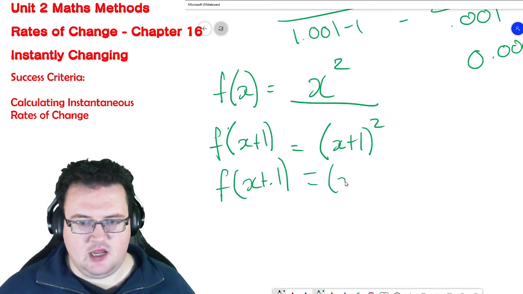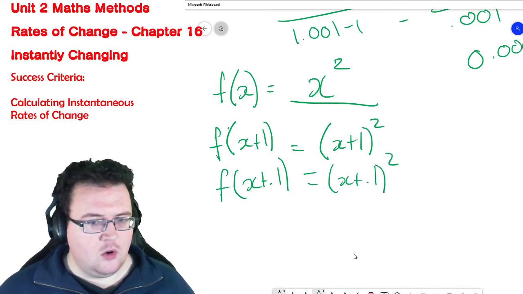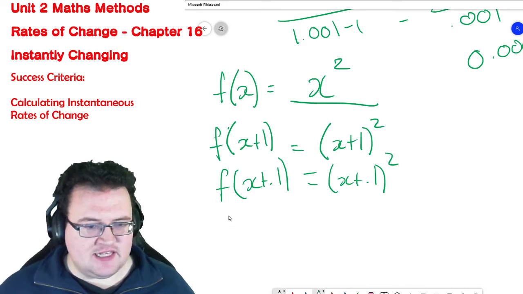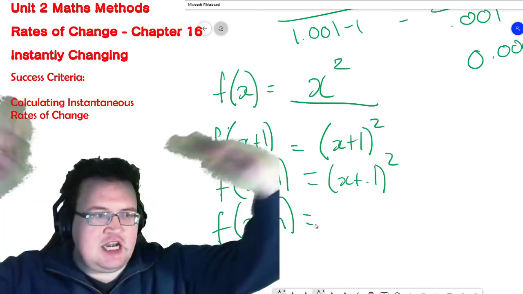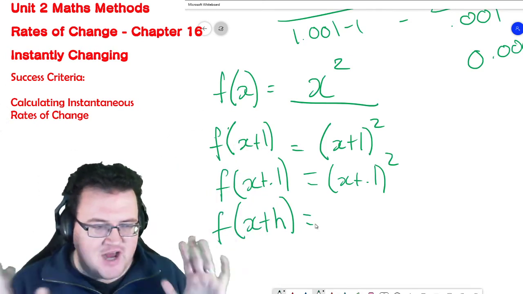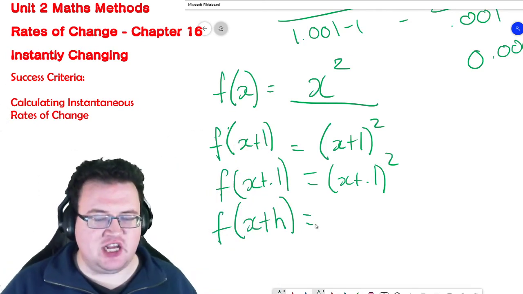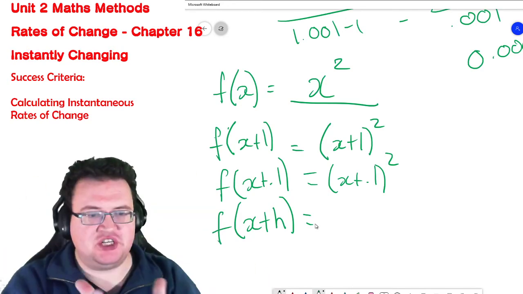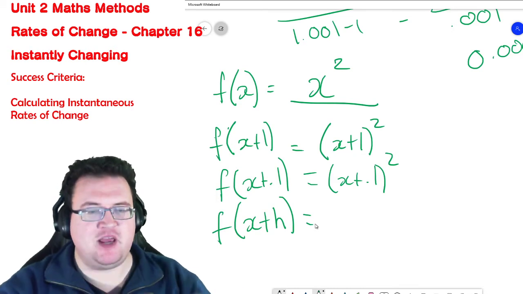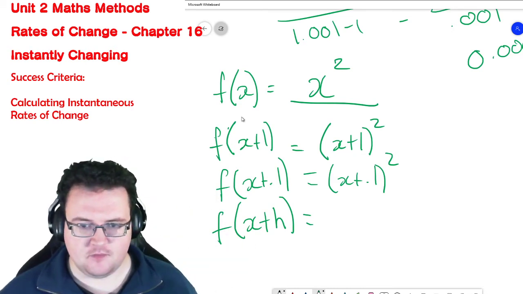Well, that's going to be x plus 0.1 squared. What if, instead of thinking about actual numbers, I start thinking about it in terms of f of x plus h? h is just any number I want, but what we're going to do is say, well, what if h approaches 0? It's becoming 0.